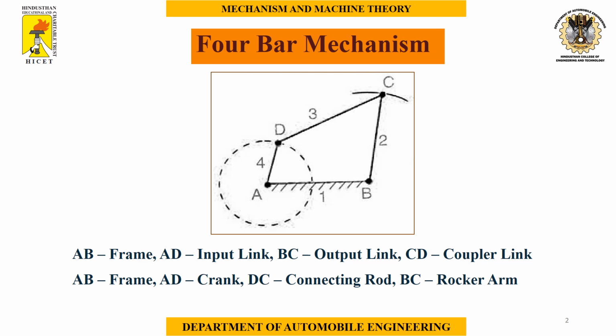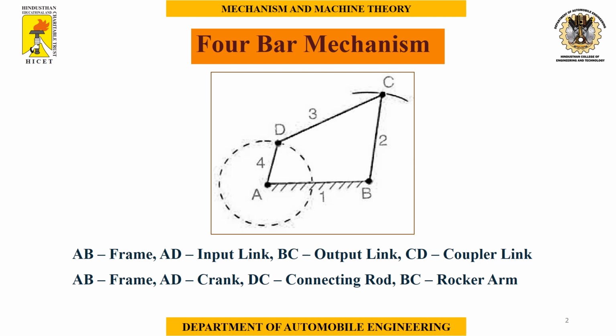In actual machines, the names may be changed, like AB is cylinder. The cylinder is a main reference link which supports all the links to work in a good manner. AD rotates in this diagram which gives input to the entire 4-bar mechanism.